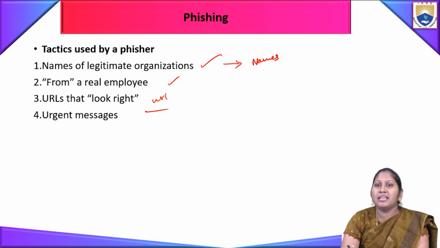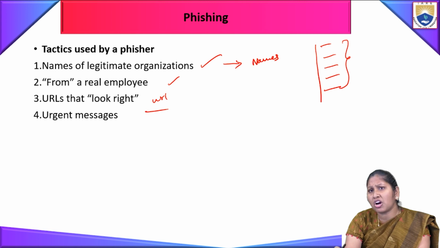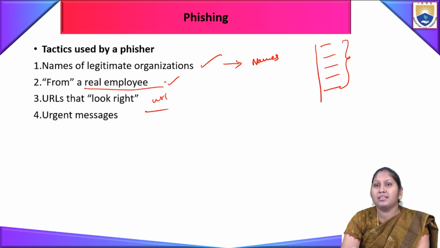So what are the names of legitimate organizations? They will collect the original names of the organizations, and so much information will be there. All that information they will collect. And next one, from a real employee. Within the organization, if there is any employee, that is nothing but an insider attack, which we have discussed in the last classes. A real employee is the employee within the organization.